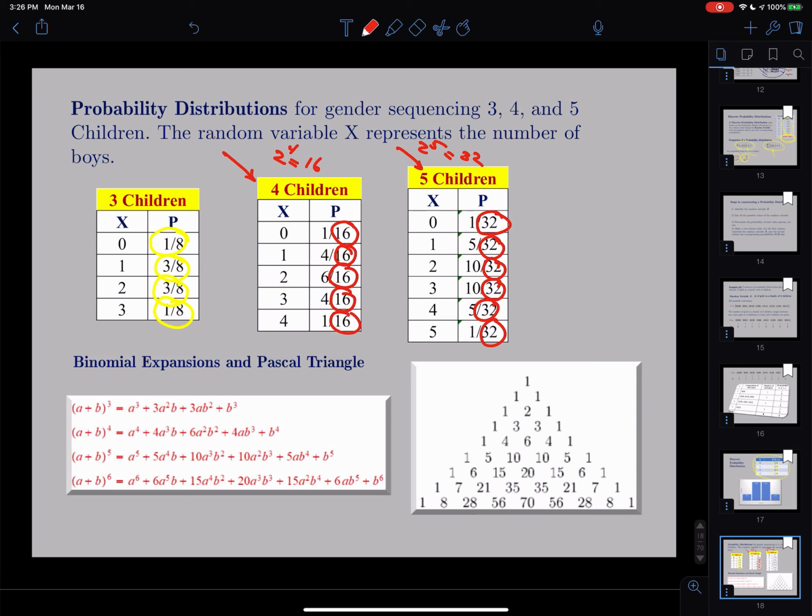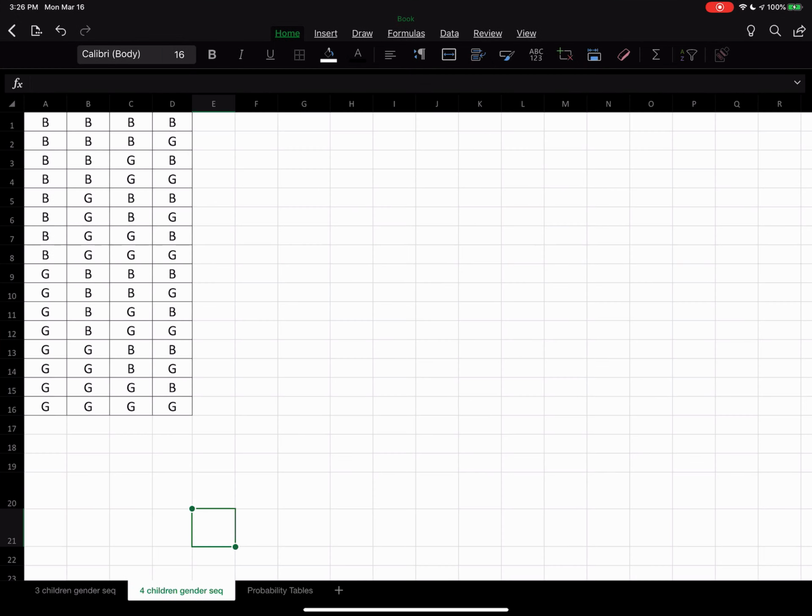And the way you figure out these numerators is to basically go to the outcomes. For example, for 4 children here, you have 0 boys, 1 boy, 2 boys, 3 boys, and 4 boys. And you can count these. You have 1 of those, 4 of those, 6 of those, 4 of those, 1 of those. You can count these in here. So how many of them have 0 boys in them? Only 1.